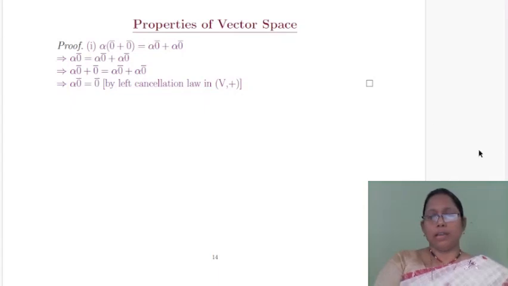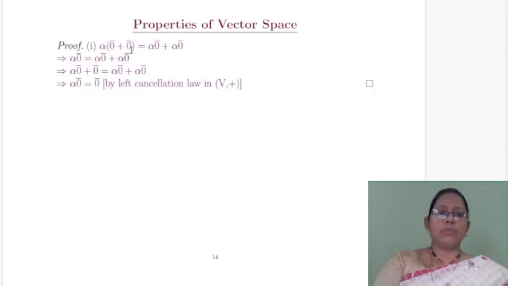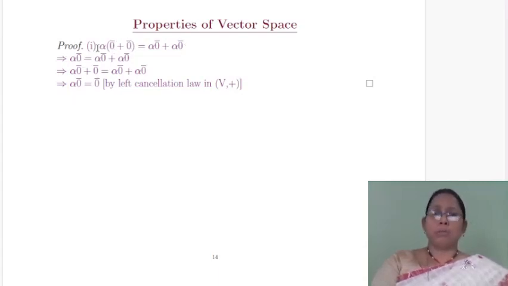Here alpha is a scalar and 0 vector is the 0 of V. So that can be written as alpha 0 plus 0, because 0 is the additive identity, 0 plus 0 is equal to 0. By the left distributive property, I can write this as alpha 0 vector plus alpha 0 vector. In the left hand side, 0 vector plus 0 vector is the 0 vector. That will give you alpha 0 vector.